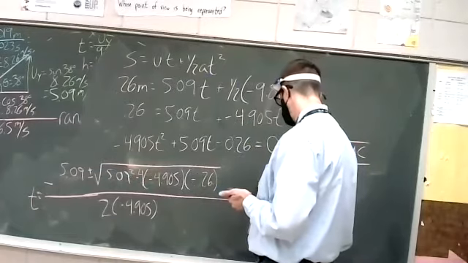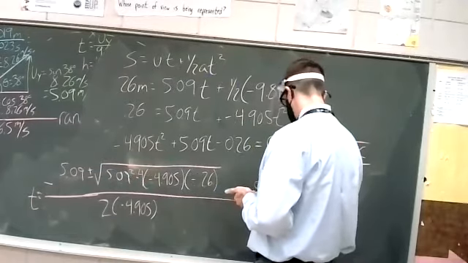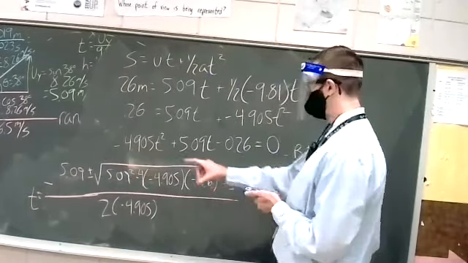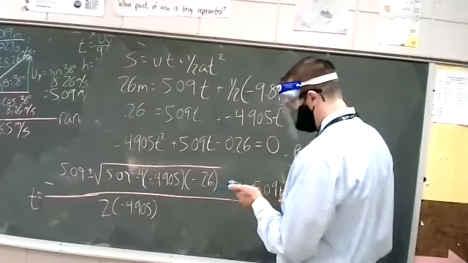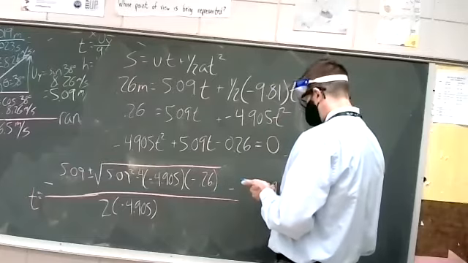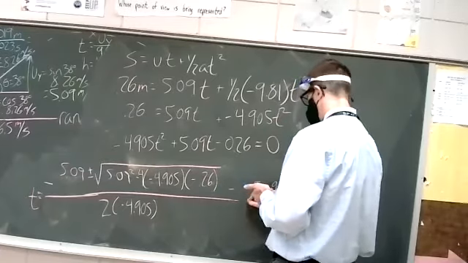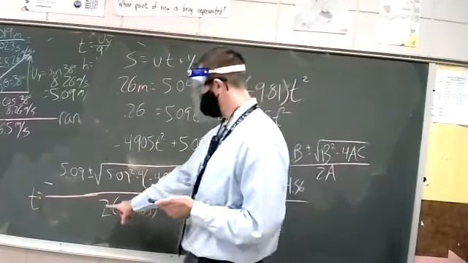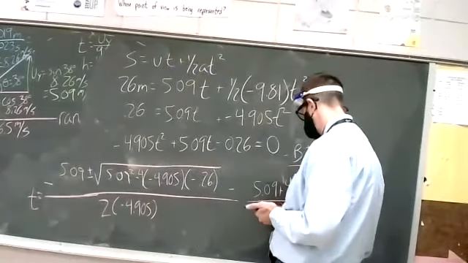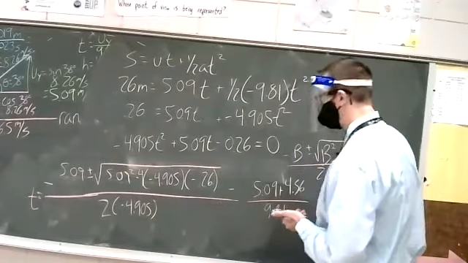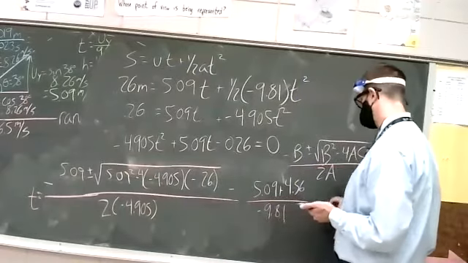So I have 5.09 plus, and then I have to take the square root of it, so let me just raise this to the 0.5 power. So 5.09 plus 4.56 over, now if you double 4.9, negative 4.9, you get back to 9.81. Right, but that's negative.